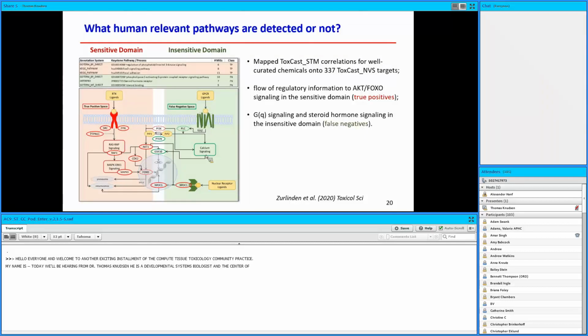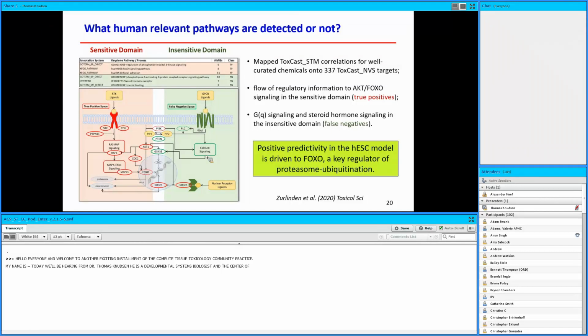In terms of false negatives, many G protein coupled signaling pathways working through calcium signaling, as well as steroid hormone signaling pathways, were not sensitive in this assay. So they're sort of the poster child for the insensitive domain.